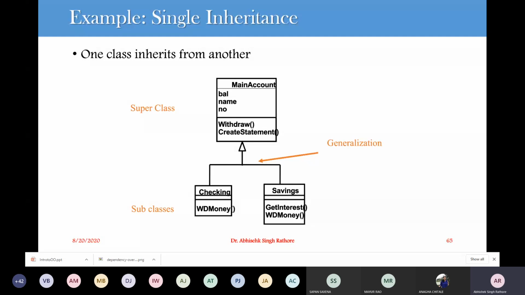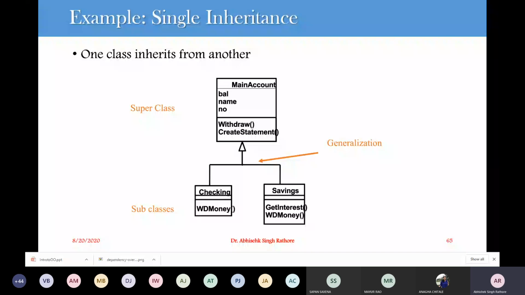These are common, and we put them in the higher level of abstraction, and we'll put some methods over here that are common to all. We'll provide withdraw and create statement in the super class, while we can have some other functions like get interest or withdraw money which are available specially in the subclasses.